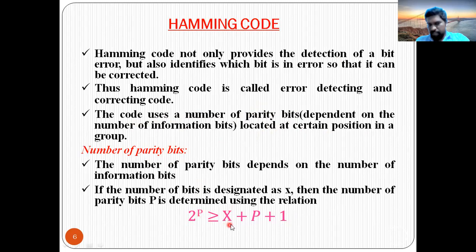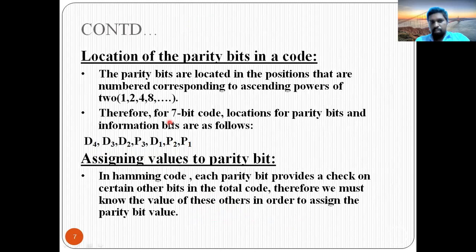And x is the number of data bits present in the information, that is, the number of bits in the binary message. By the trial and error method, you can substitute p equal to 0, 1, 2, 3, and so on until this expression is satisfied. Like that you can find the number of parity bits, capital P.